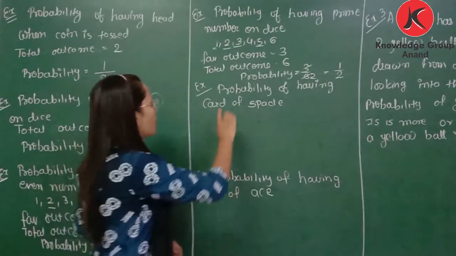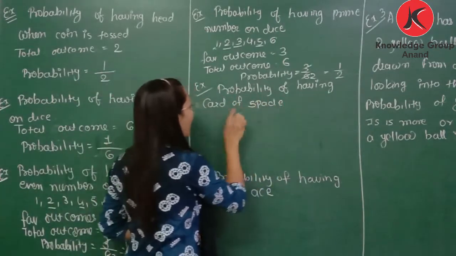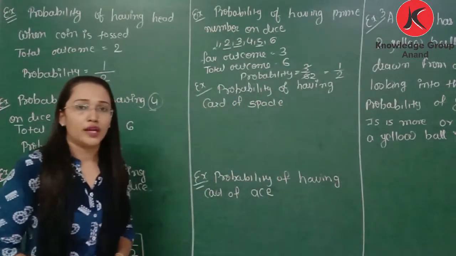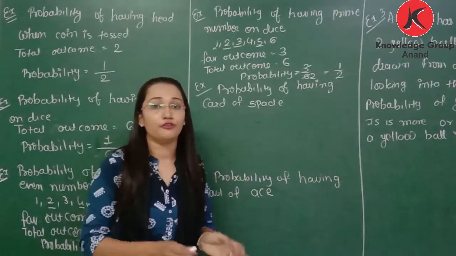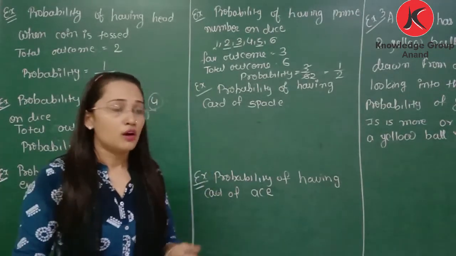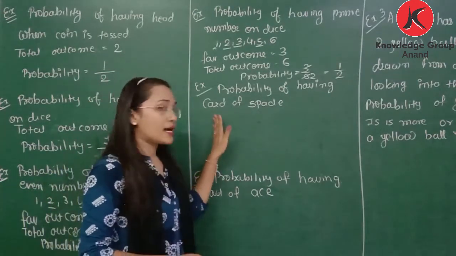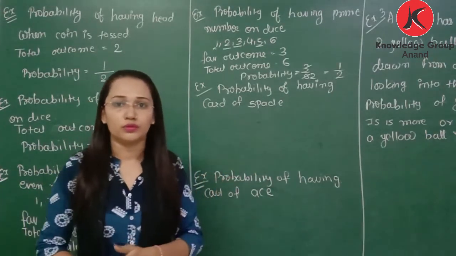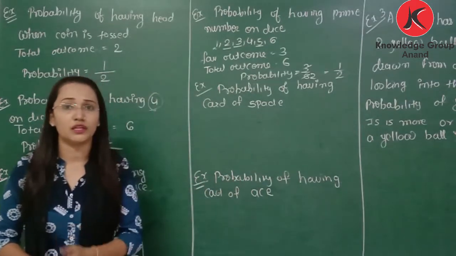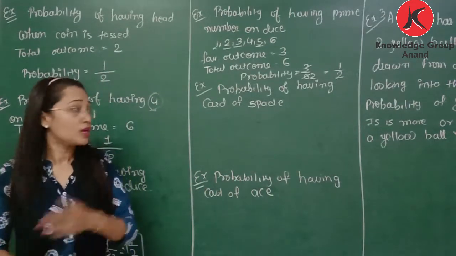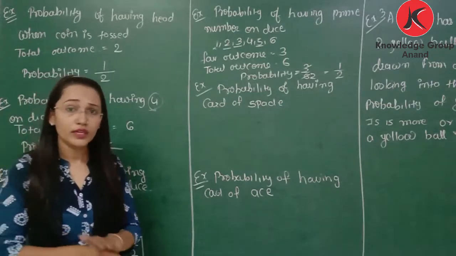Now next, the probability of having a card of spade. Now you already played with the cards. Okay, there are 52 cards. Each is divided in 13 groups. So 13 are of different color, 13 are of diamond, 13 are of spade, 13 are of ace.